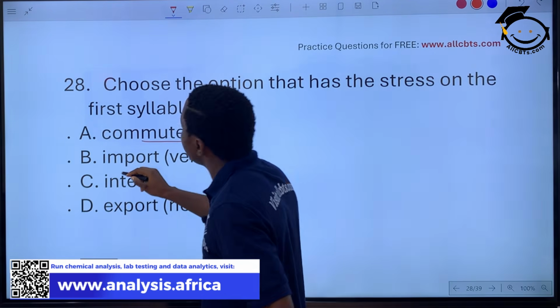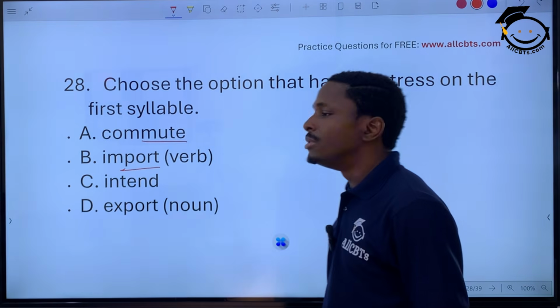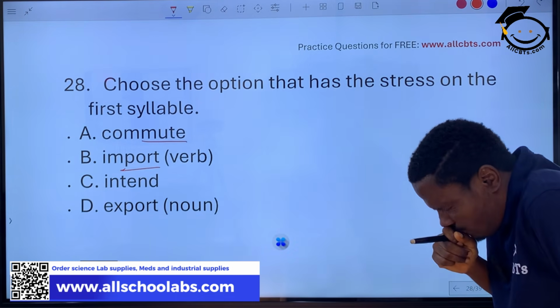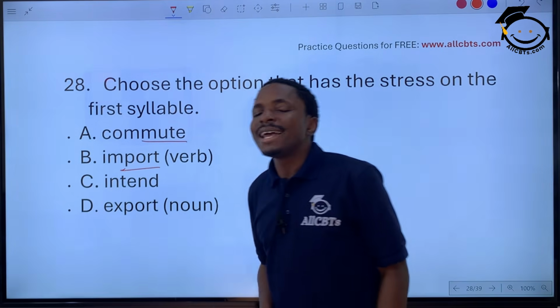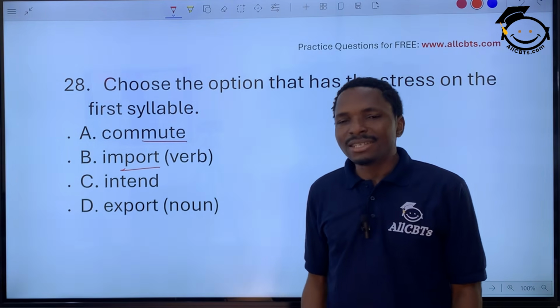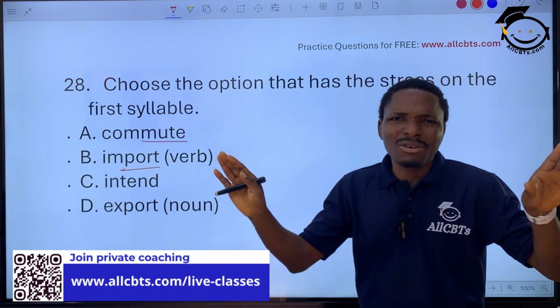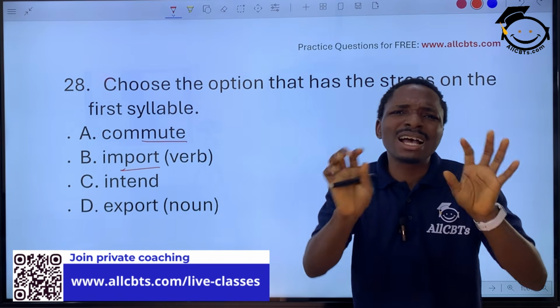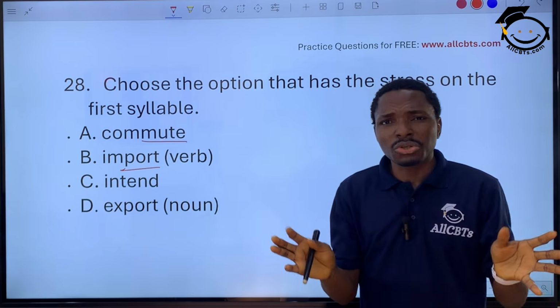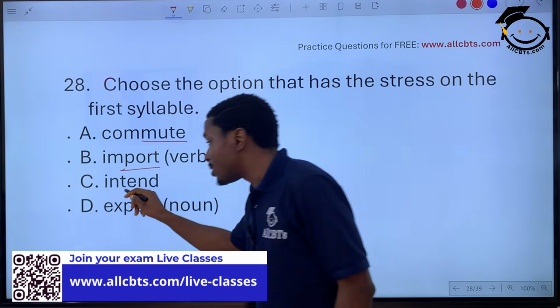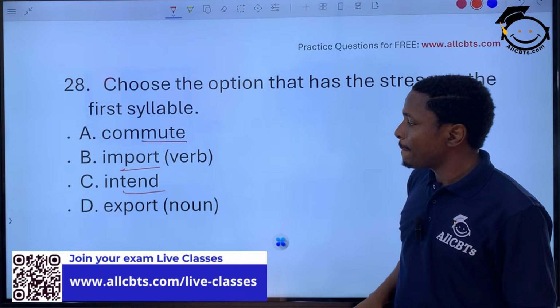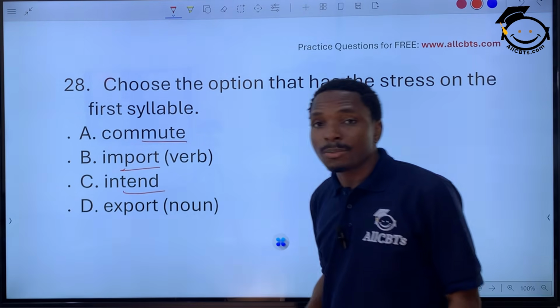The stress is on port. Now, keeping that in mind, check intend. Intend has the same sound structure. Intend, import, the same, both of them are on the second. So these three are on the second. Let's see export.